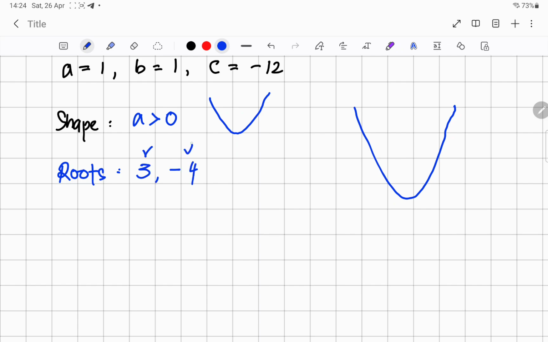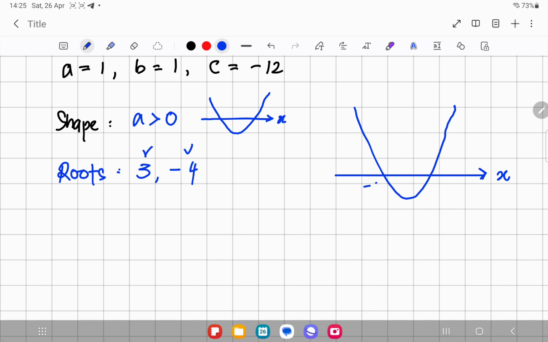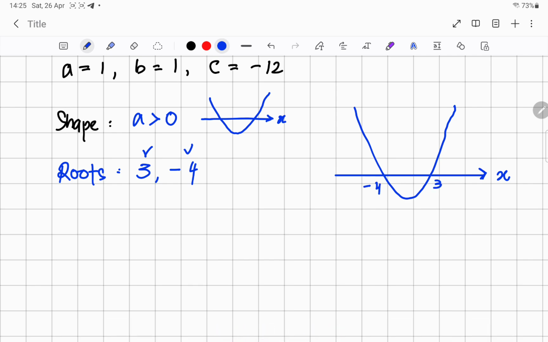It means the graph cuts at two places on the x-axis. So draw an x-axis and cut at two places, -4 and 3 here. Going to the left, the number gets smaller, and going to the right, the number gets bigger. Then position your y-axis.